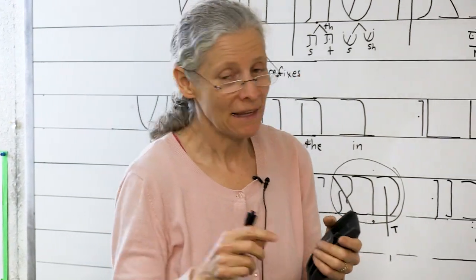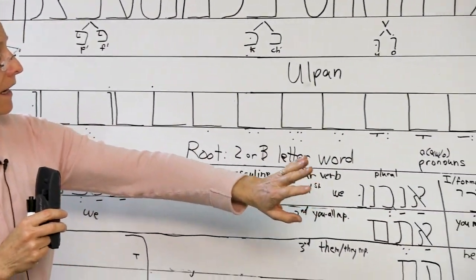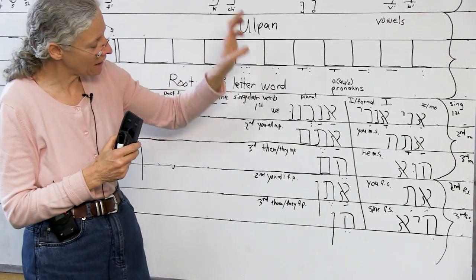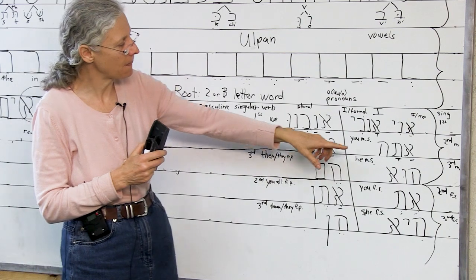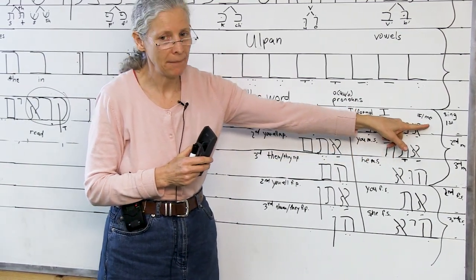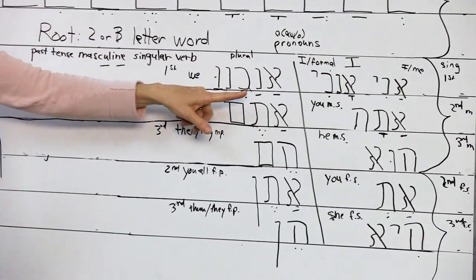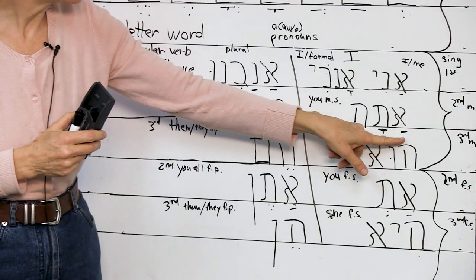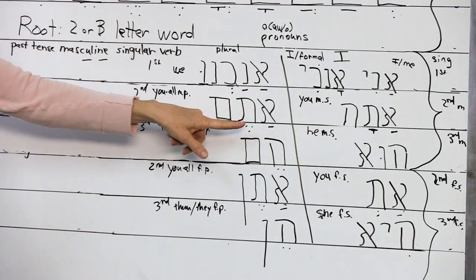So anyway, let me just recap. Let's go through the pronouns, and we're going to remember this. We're going to do this every single time because when we study the verbs, we're going to need to know the pronouns. Okay? Everybody with me? Ani, I, me. Anochi, I, formal. Anachnu, we. Ata, you, masculine, singular.